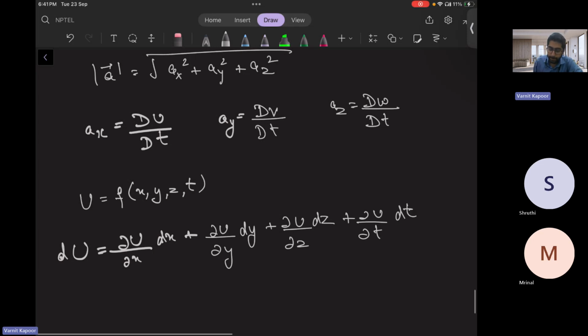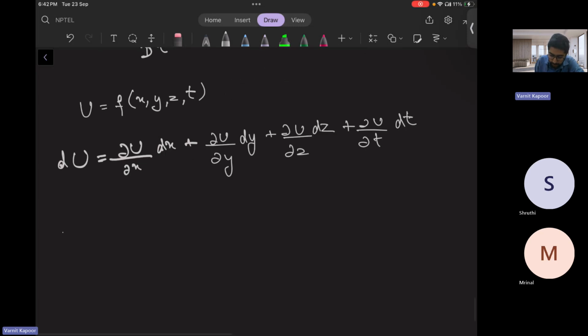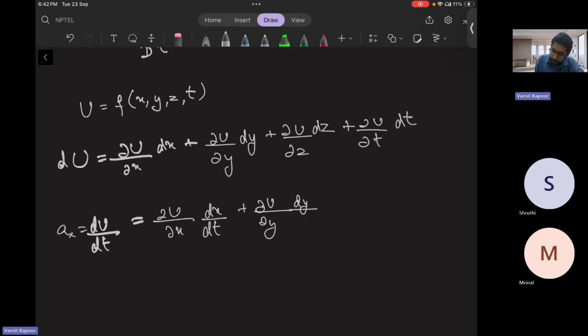Okay, and the acceleration a of x will be the total derivative du by dt, which is nothing but dou u by dou x dx by dt plus dou u by dou y dy by dt plus dou u by dou z dz by dt plus dou u by dou t dt by dt.